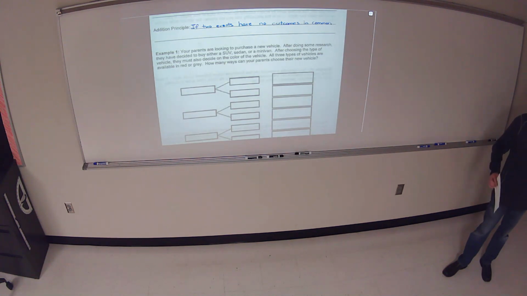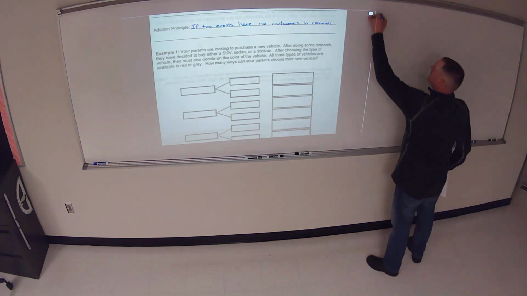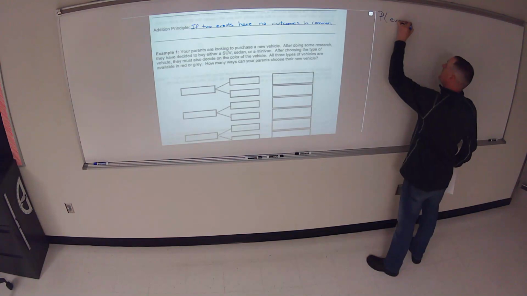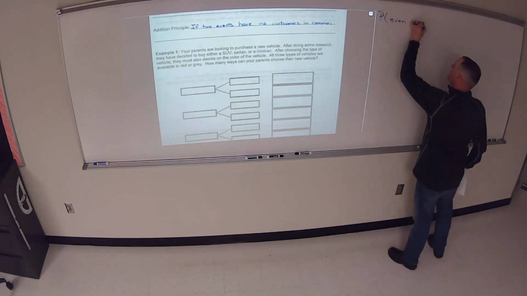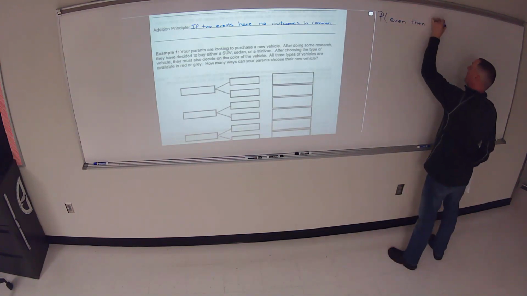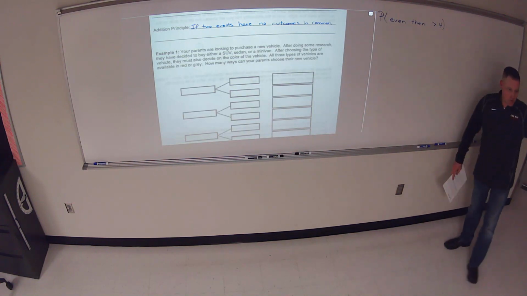Here's my example. Think about rolling a die. We're going to roll it twice. And here's my question: the probability that I roll an even, then a number greater than 4. Two different rolls.